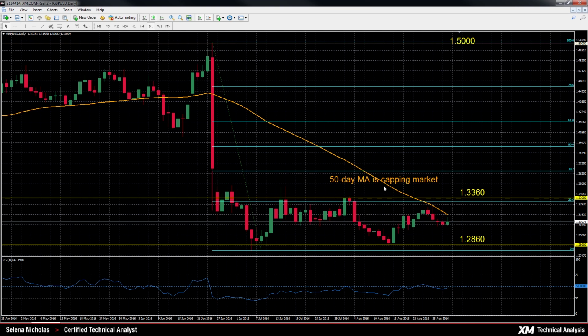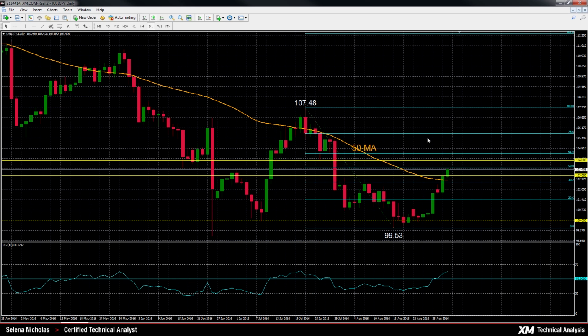The 50-day moving average is capping the market to the downside, but overall GBPUSD maintains this neutral bias in a broad range between 1.2860 and 1.3360. So it's been bouncing between the lower and upper range.